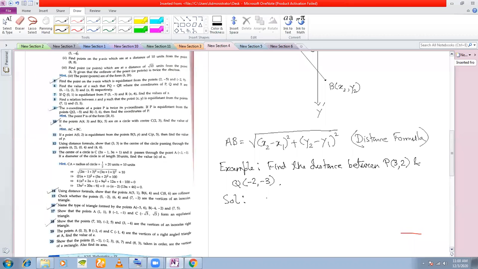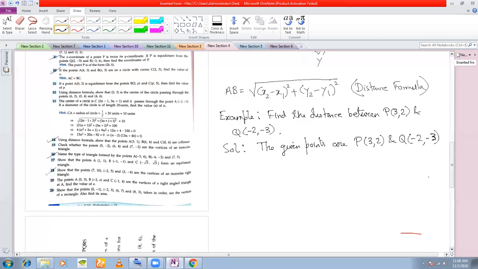Solution. What are the points here? Points given here are P(3, 2) and Q(-2, -3).